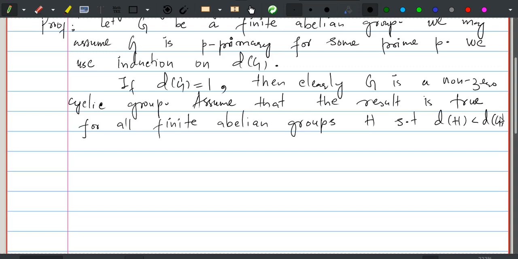So this is our assumption. Now we are going to prove the result is true for d(G) as well.